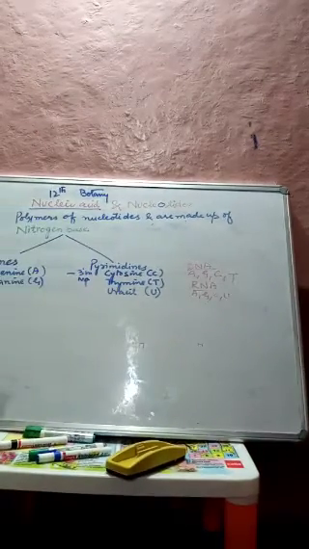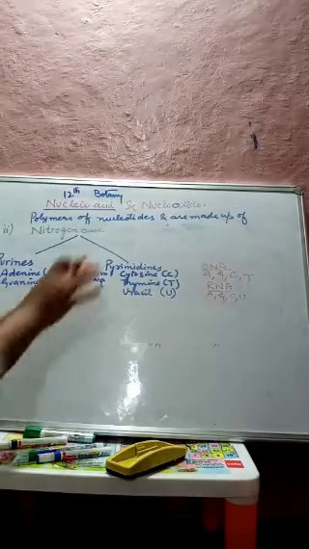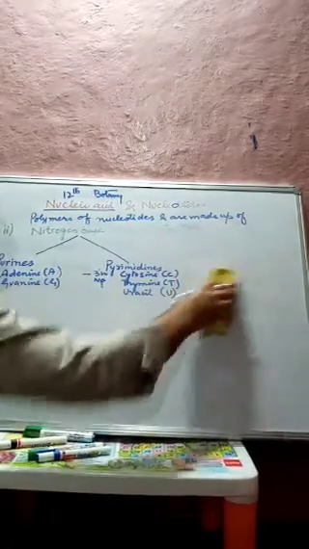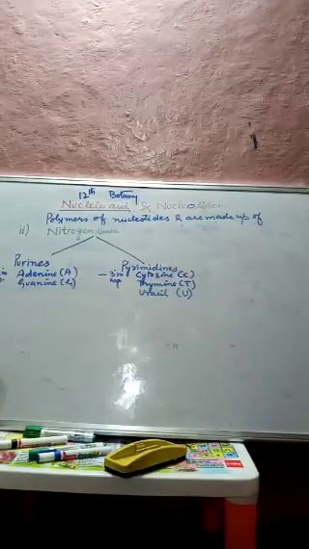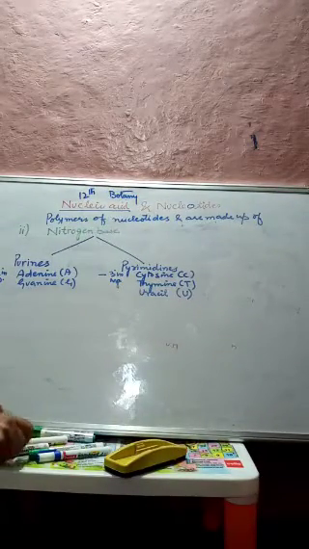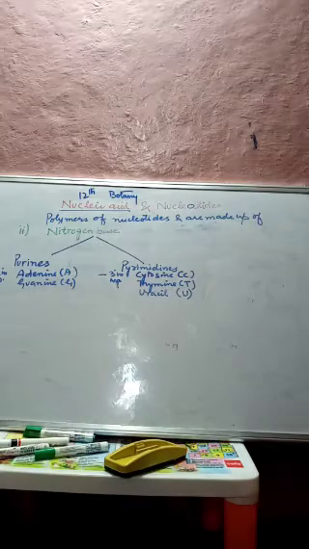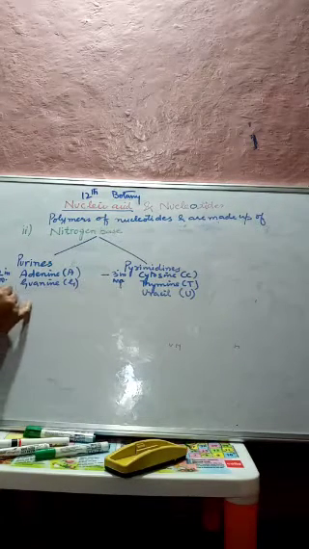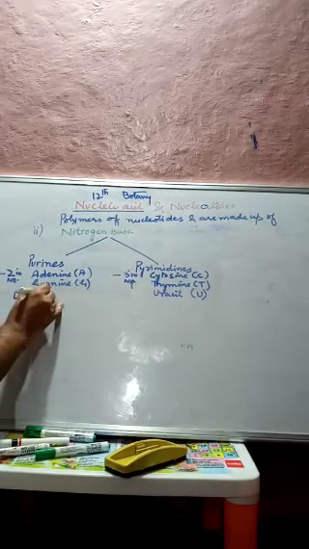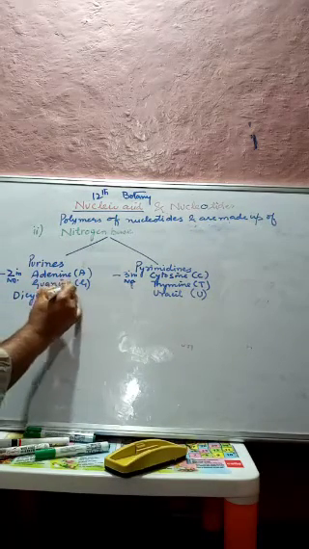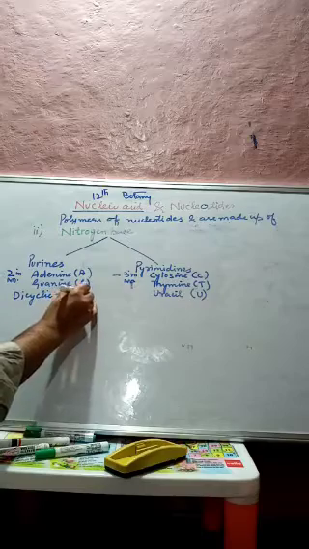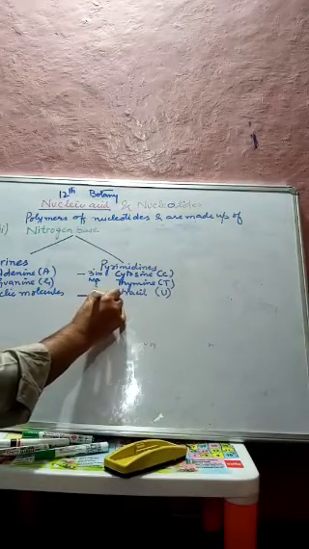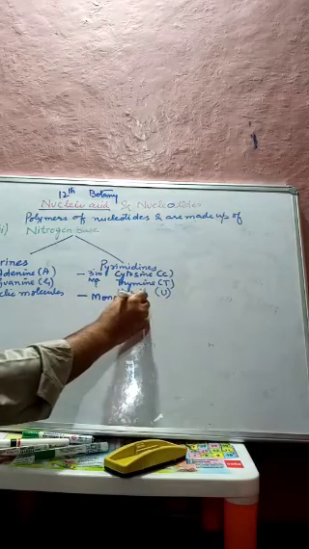So this is the difference between the nitrogen bases in DNA and RNA. Second, these purines are dicyclic molecules, while these pyrimidines are monocyclic molecules.